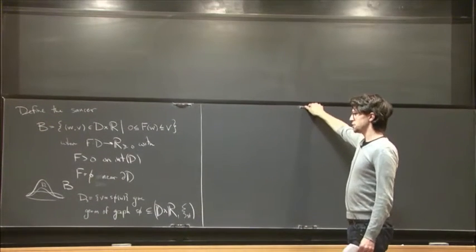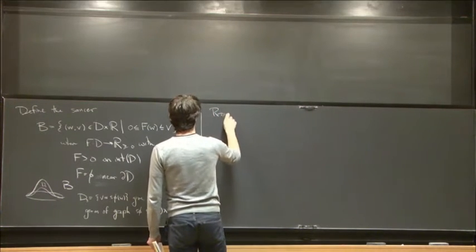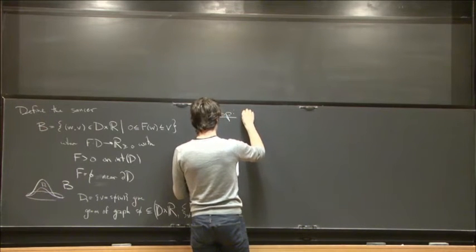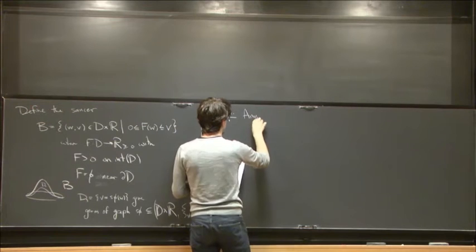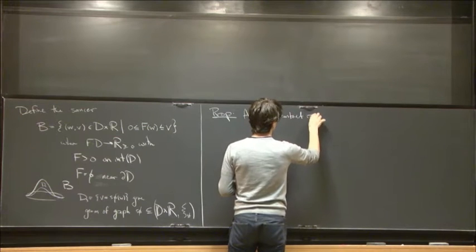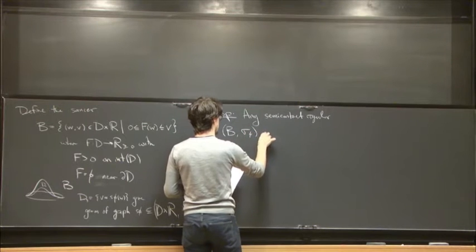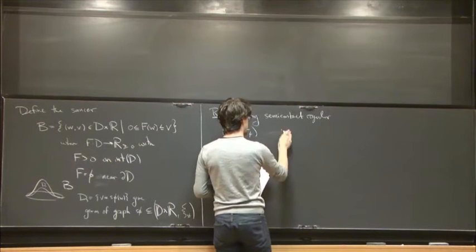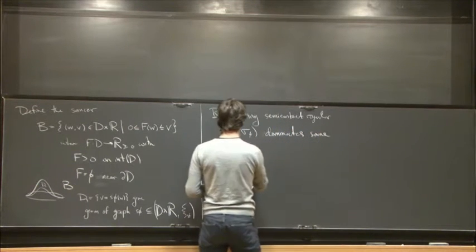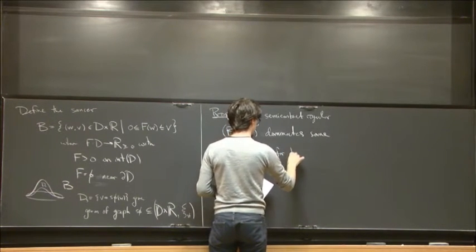All right, and these are related to these previous B sub k's by the following proposition: basically any semi-contact regular B dominates some B sub k.